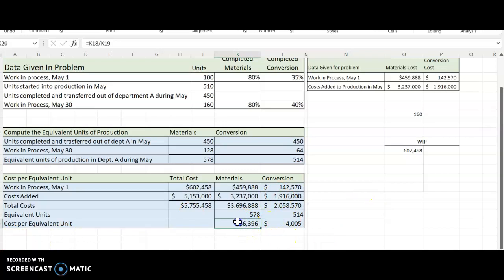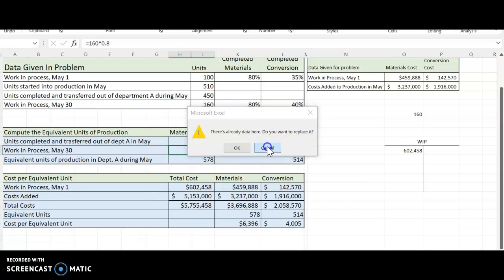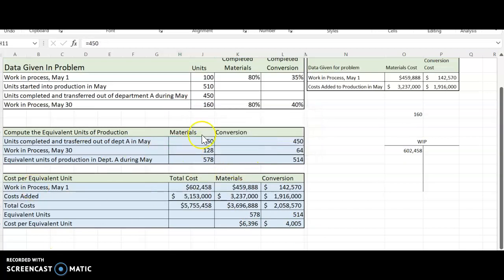Now we can use these dollar amounts to apply out to our units. We can get the dollar amount of the units that we completed and transferred out, which are not on our books anymore, and the dollar amount for what's still sitting in our inventory.